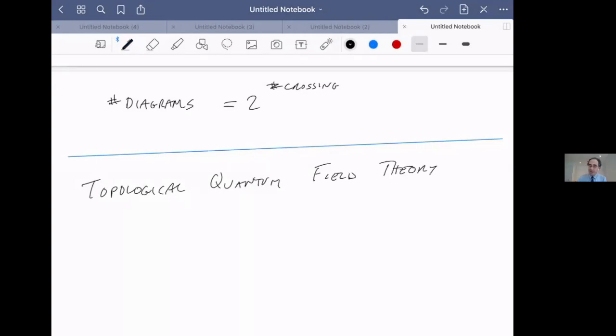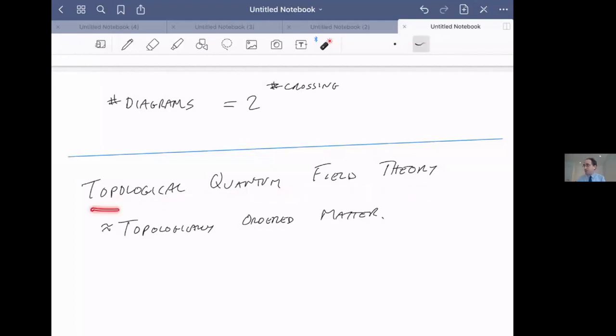It is almost equivalent to topologically ordered matter, which is part of my title, in the following way. Topologically ordered matter is the matter you have in your laboratory which can be described mathematically by a topological quantum field theory.